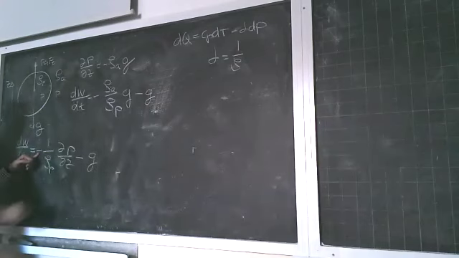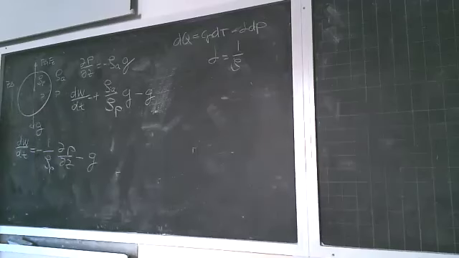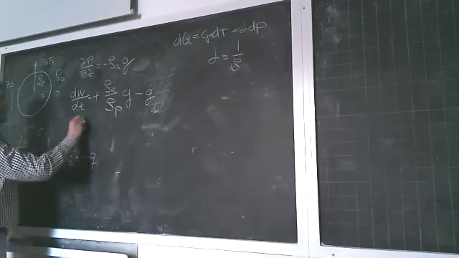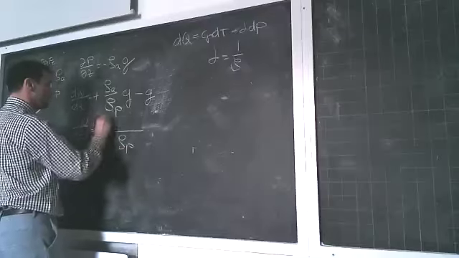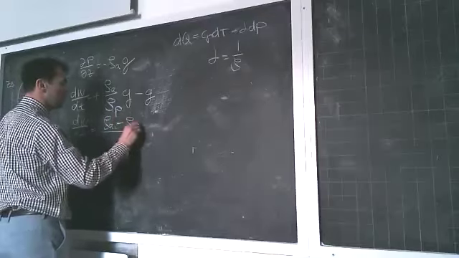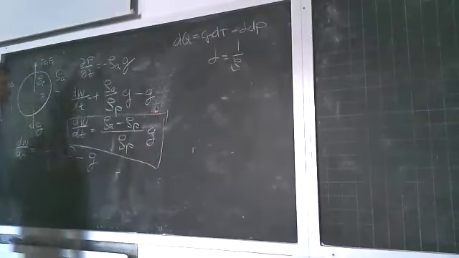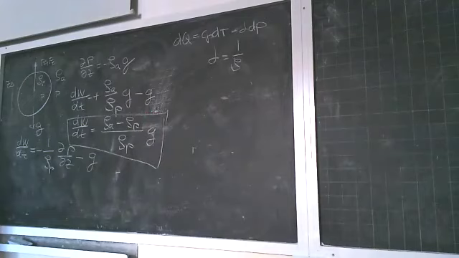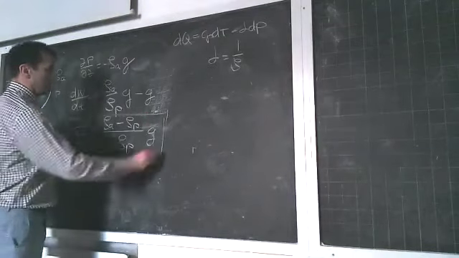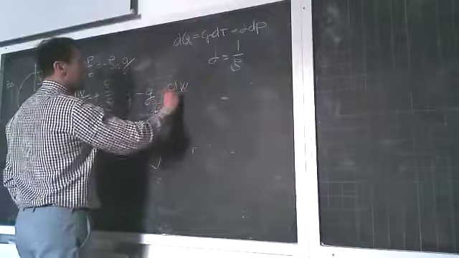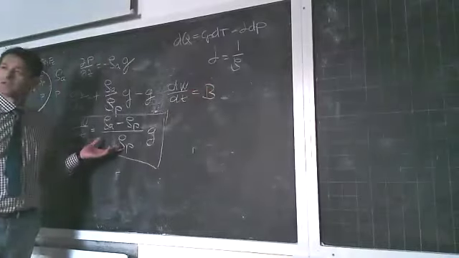But the minus signs will cancel, so you will end up actually positive over here. And finally, you get dW/dt is equal to (rho a minus rho p) over rho p times g. This over here is known as buoyancy force. So we would say dW/dt is equal to B, and B is this over here.